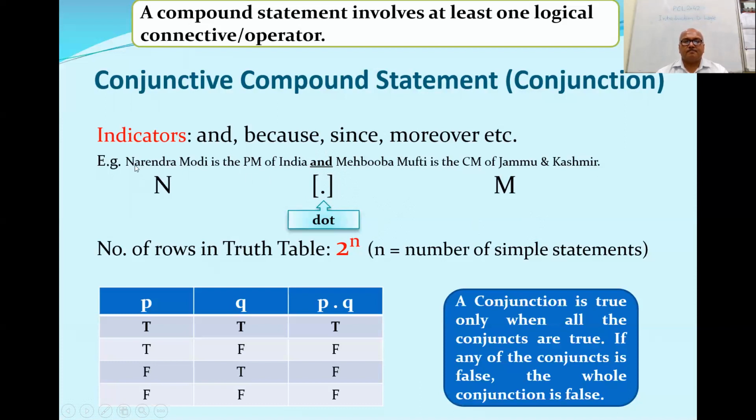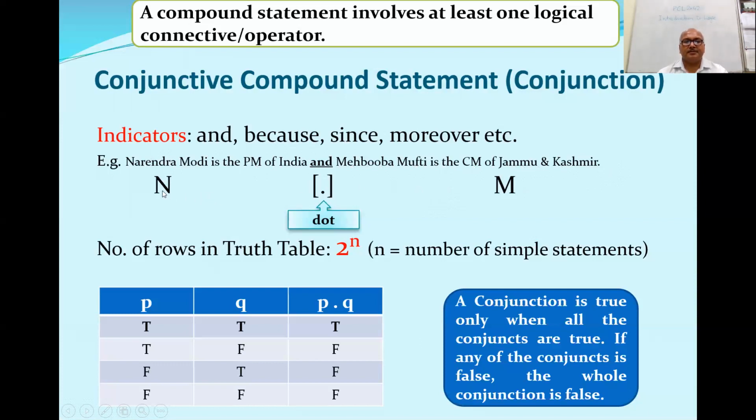So to symbolize this whole compound statement, we write N dot M. N dot M becomes the symbolization of this whole conjunctive compound statement.